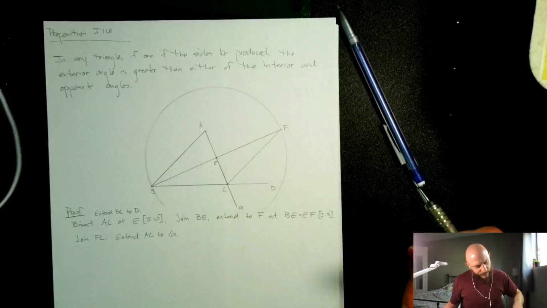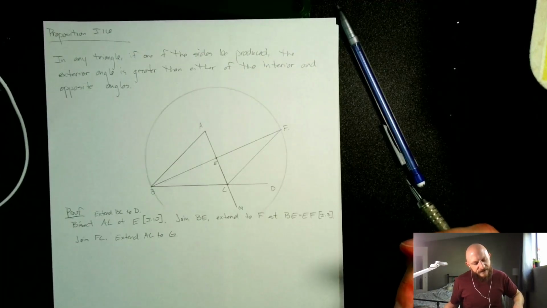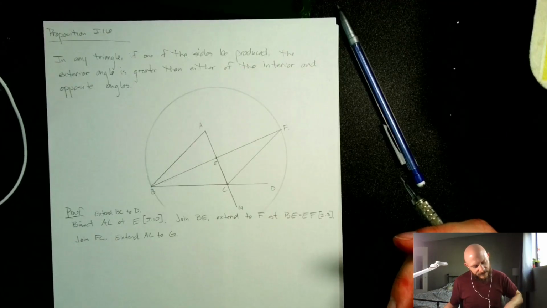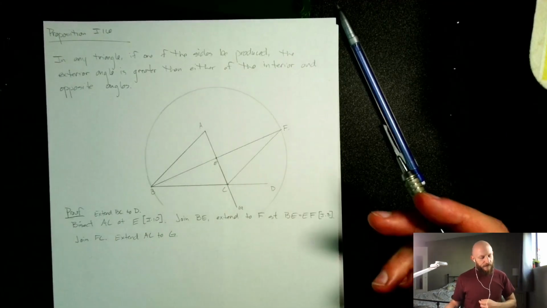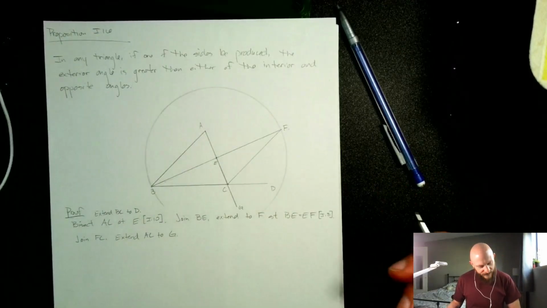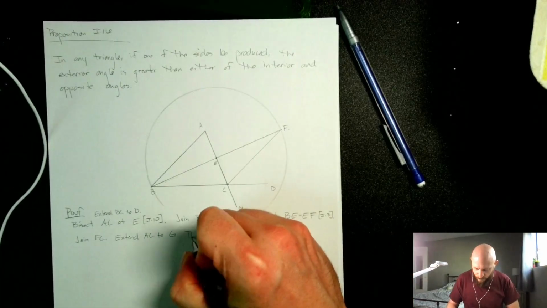All right, so next, since AE is equal to EC, BE to EF, the angle AEB is equal to FEC because they're vertical angles. So we get proposition 4, side angle side. Let me write that out.